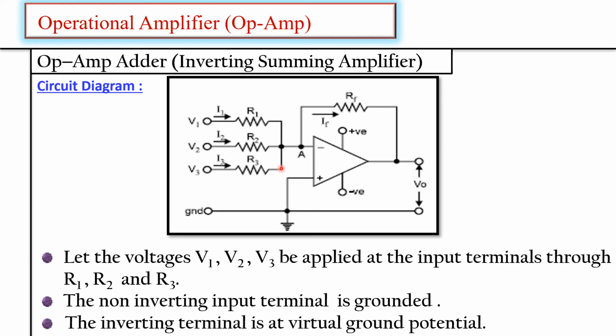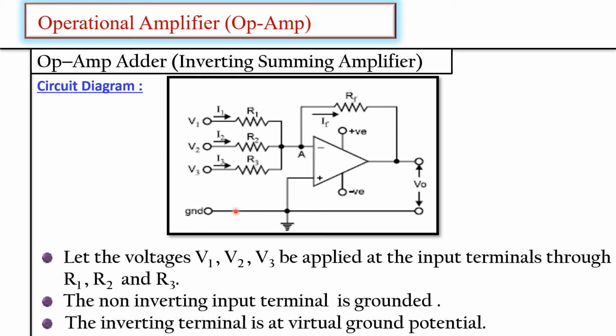Now we will apply multiple inputs to this inverting terminal, and we will see how this configuration can be used as a summing amplifier. We will find the expression for the output in terms of the different input voltages.